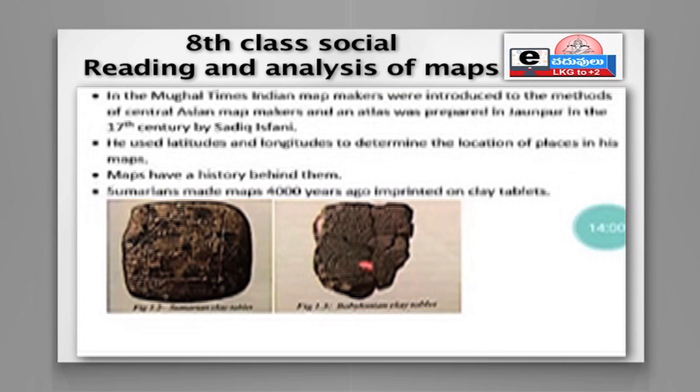Around the same time, Greek geographers like Anaximander and Hecataeus of Miletus, now in Turkey, and Herodotus also prepared world maps. They arranged the places from east to west and north to south.